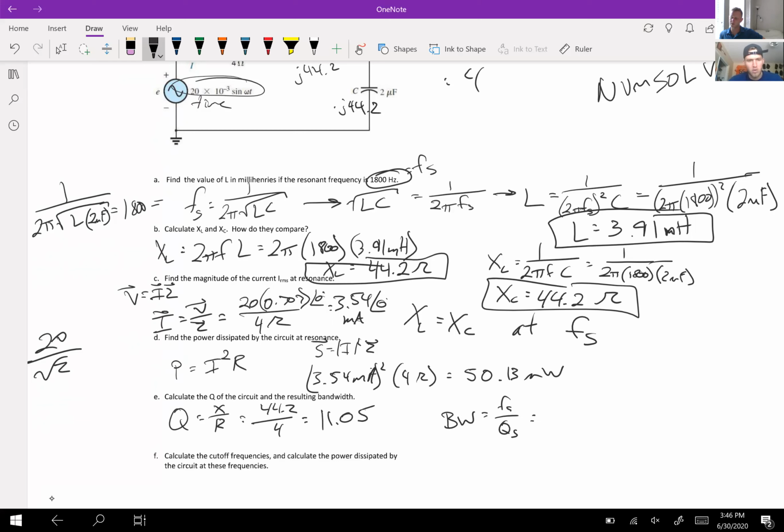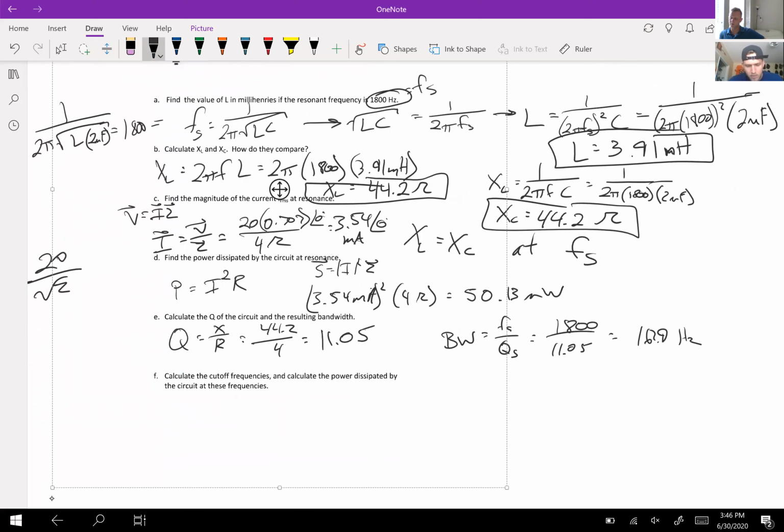The bandwidth is Fs over Qs: resonant frequency 1800, Qs 11.05, and the bandwidth is 162.9 hertz. So the cutoff frequencies: F1 is equal to Fs minus bandwidth divided by 2.